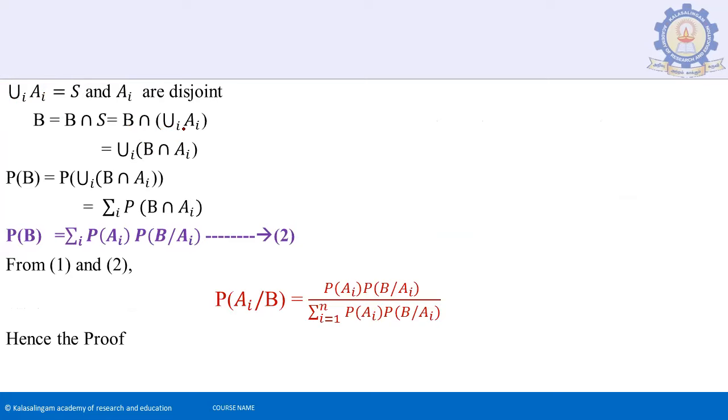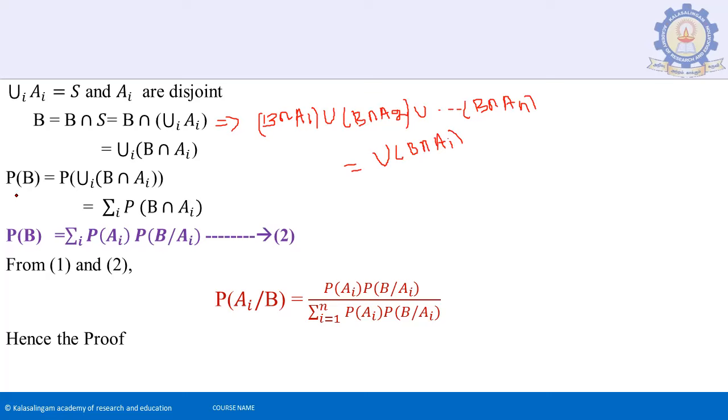Next, if we apply the intersection with B, it will be B intersection A1 union B intersection A2 union, and so on, B intersection An. We can write this term as the union of B intersection Ai. Next, applying probability on both sides, P of B equals P of the union of B intersection Ai.